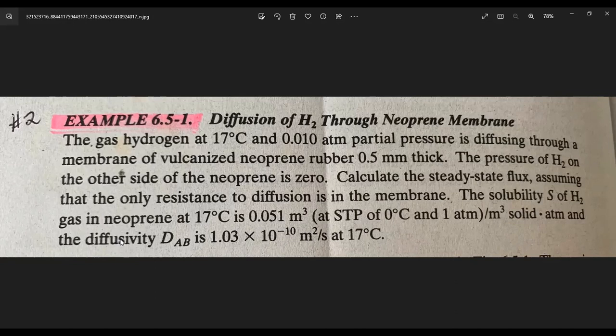And you're given as well the diffusivity. So I think what I changed in here is just the thickness. Okay, that's number 2. We'll go to number 3.